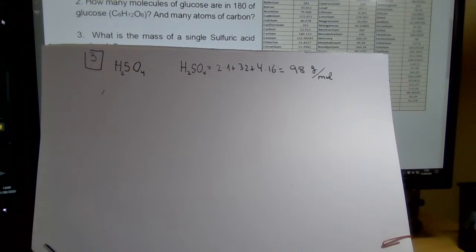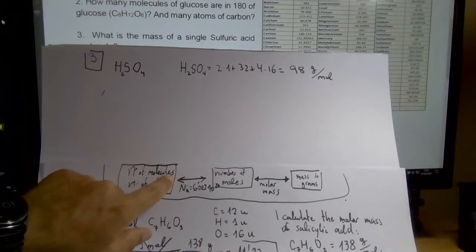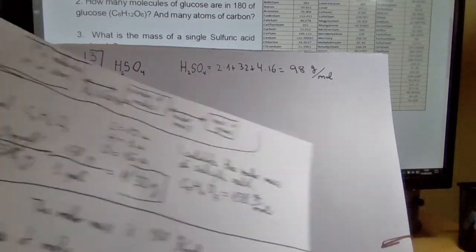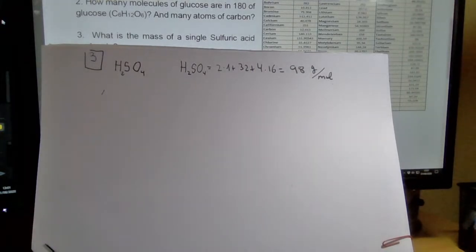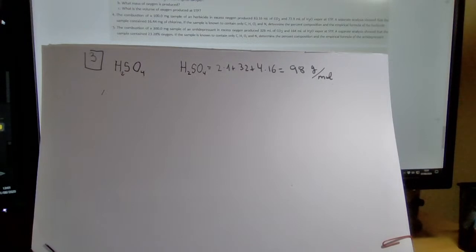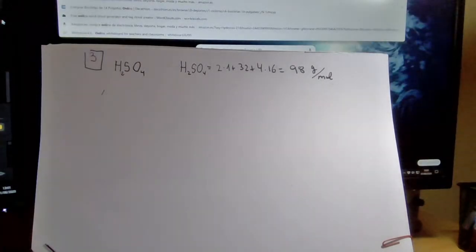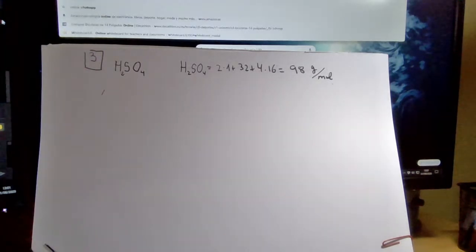So how do I calculate this? We're in molecule, go to mole, and from mole to grams. Okay, you have 3 minutes. Come on. Tick tock, tick tock. Let me use an online clock.